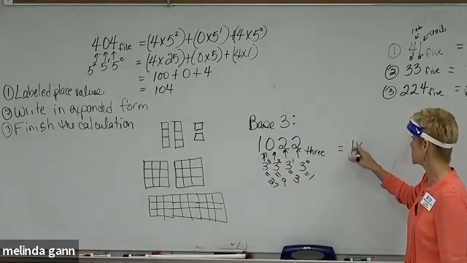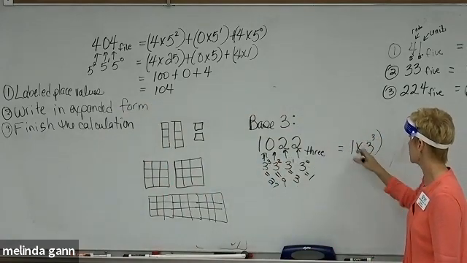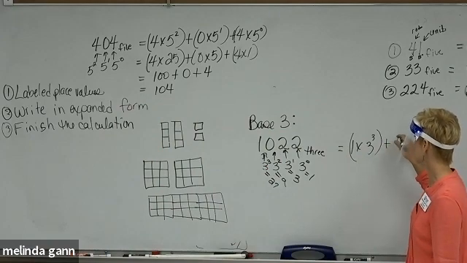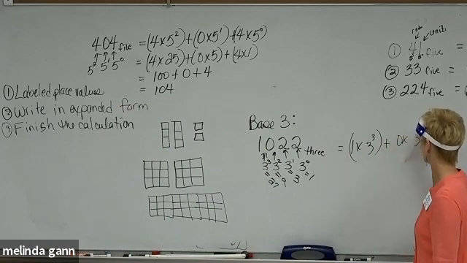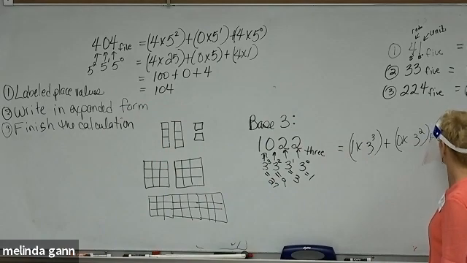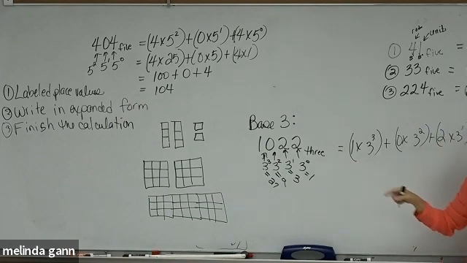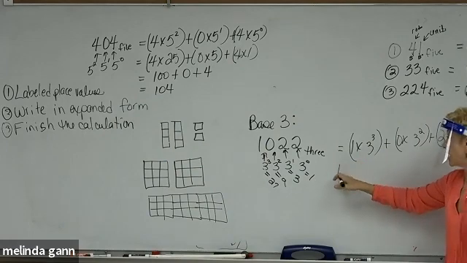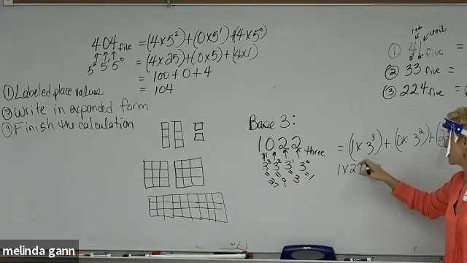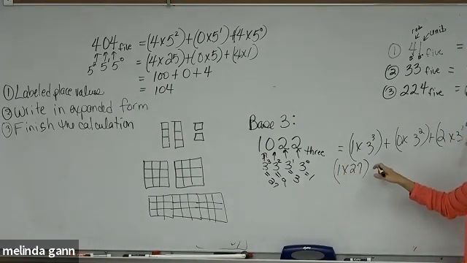Now when I write it in expanded form, I write down what I just said. So I labeled my columns and I wrote it in expanded form. And then I finished the calculation. Well, 3 to the third is 27, so I have 127. I don't have any 9s.